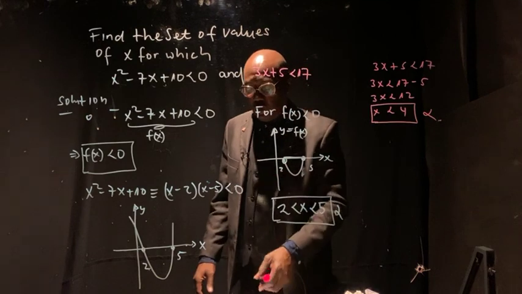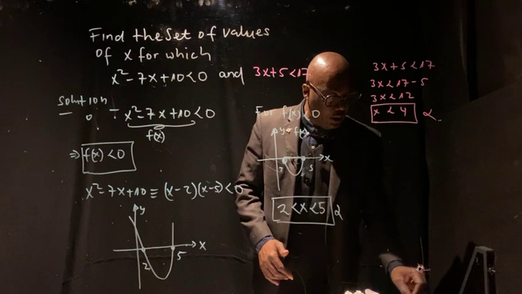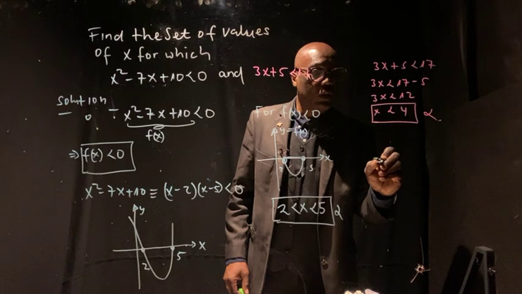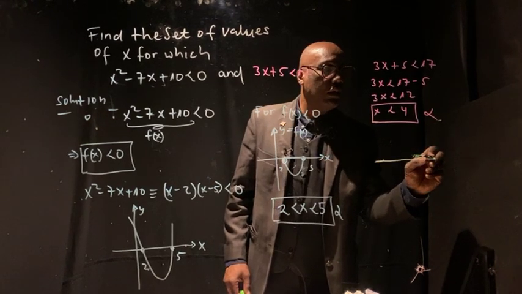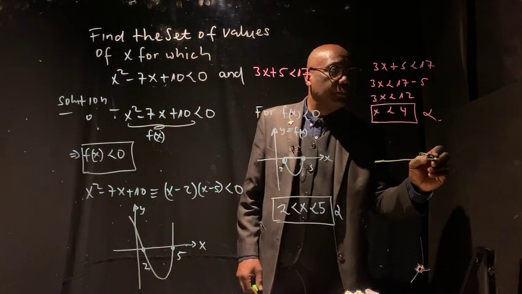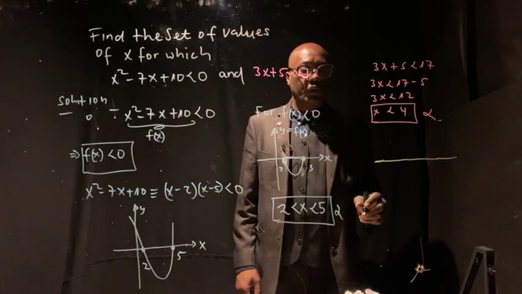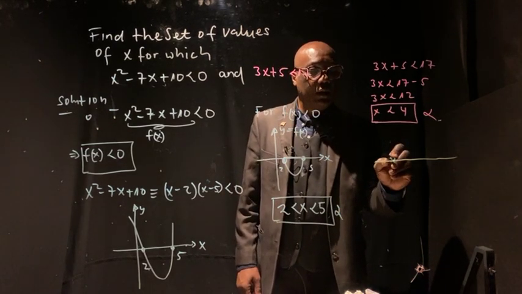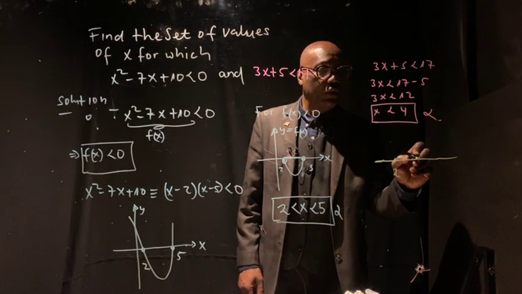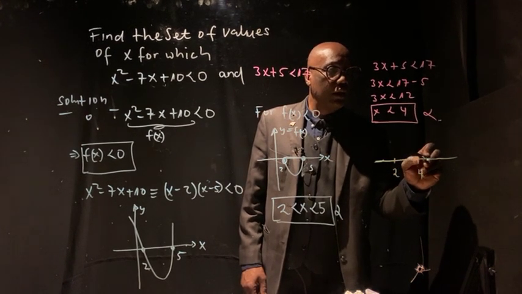Now, we are going to draw a number line, and we are going to place all these inequalities inside the number line. So this is how we are going to do it. Let's assume that here is 2, here is 4, and here is 5.